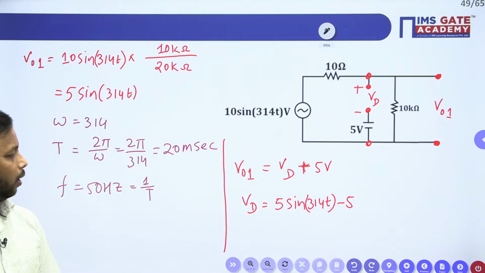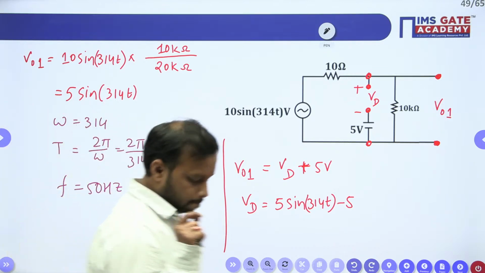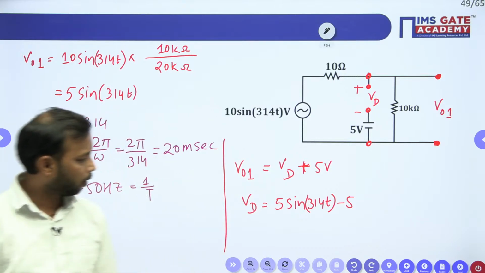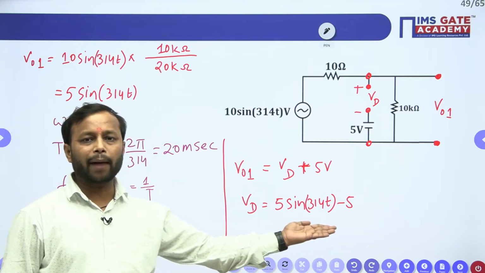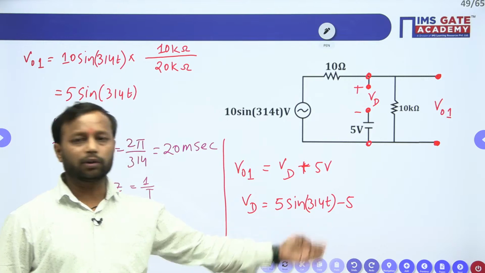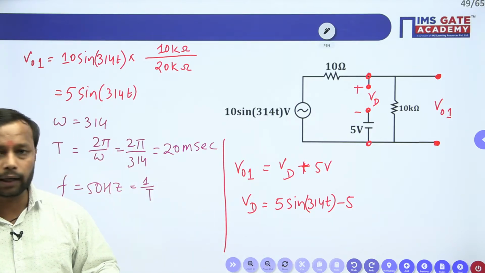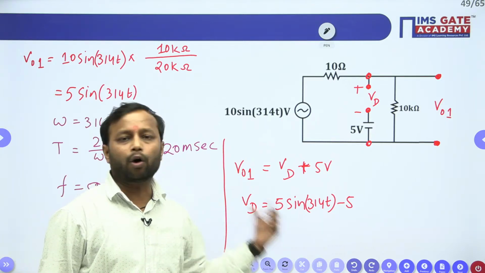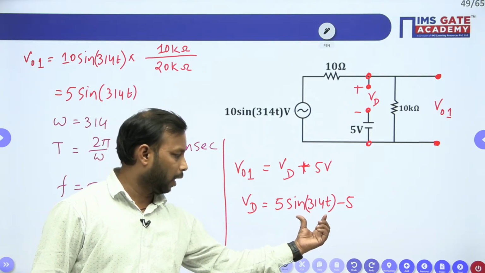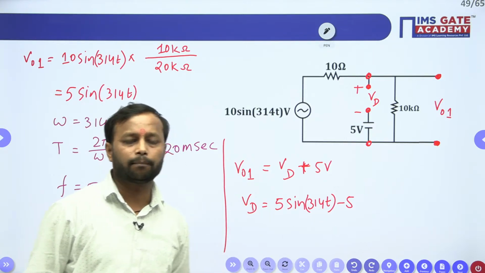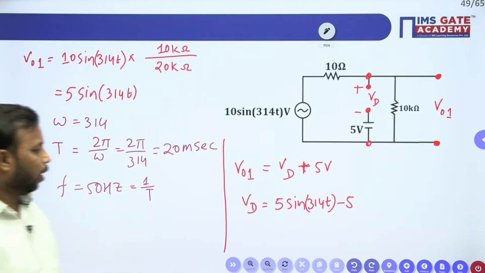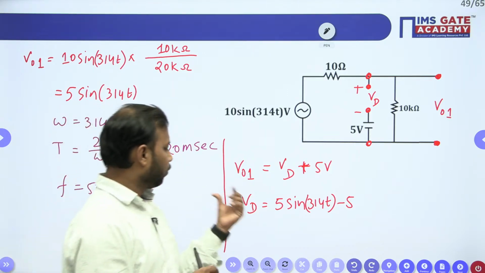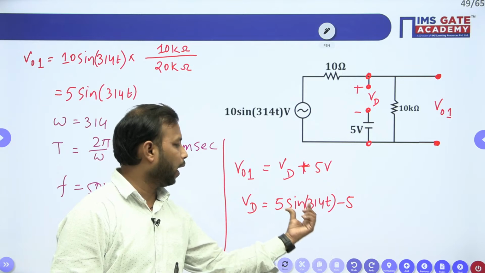Now everybody, please answer my question. What will be the maximum value for this VD? Or in other words, whether this VD value can be positive for any value of the sine? Everybody please answer this question. Is it possible that VD can be positive for any sine value?